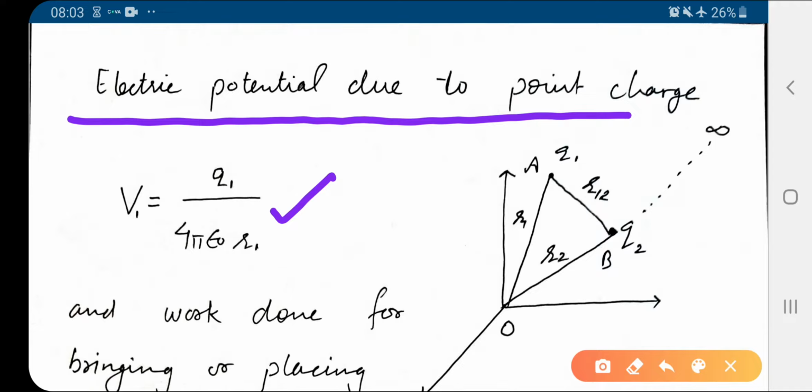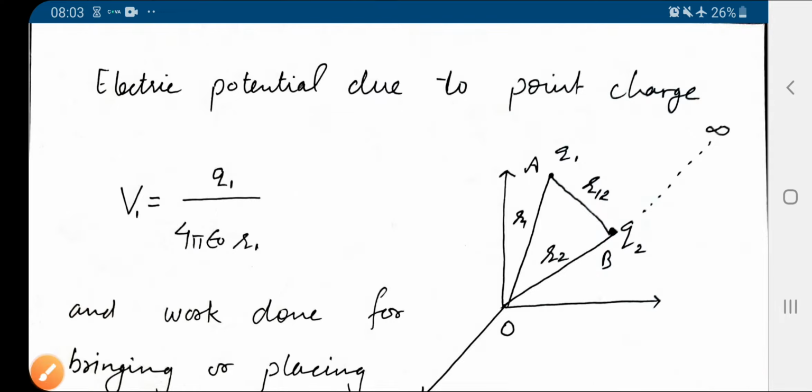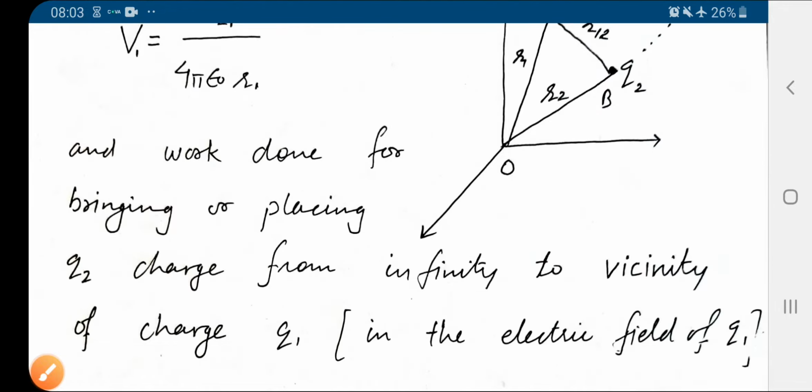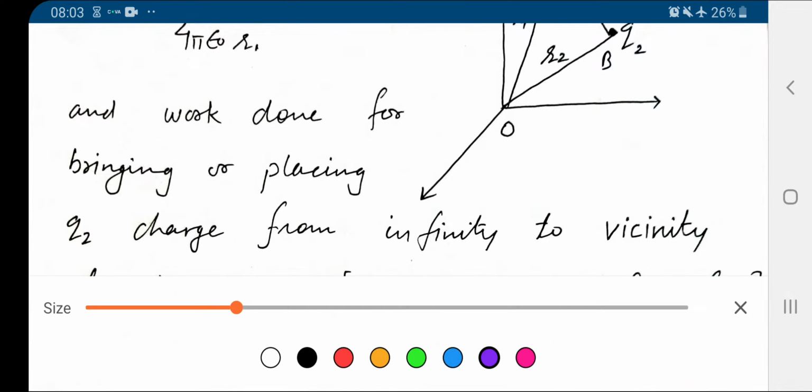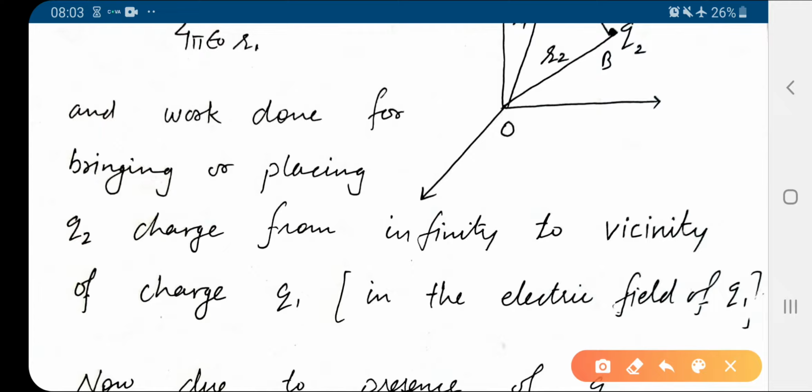So next we will discuss the work done for bringing or placing charge Q2 from infinity.